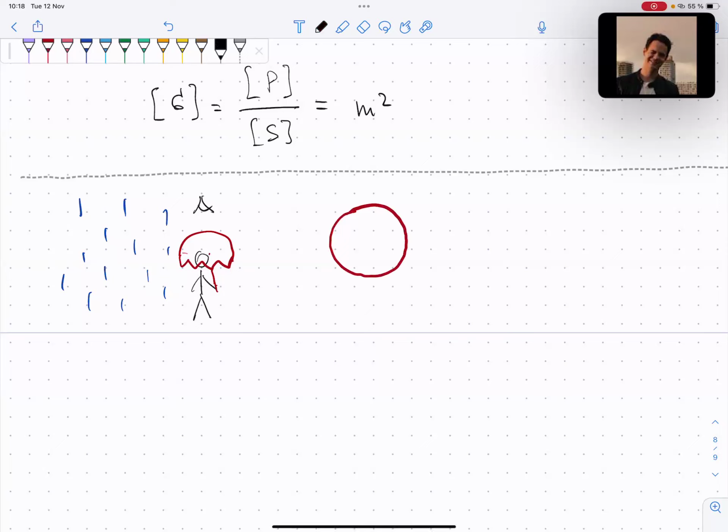For example, we have an ideal rubber umbrella, because the rubber does not absorb water. For example, the absorption cross section for this umbrella will be equal to 0. But our umbrella scatters particles.